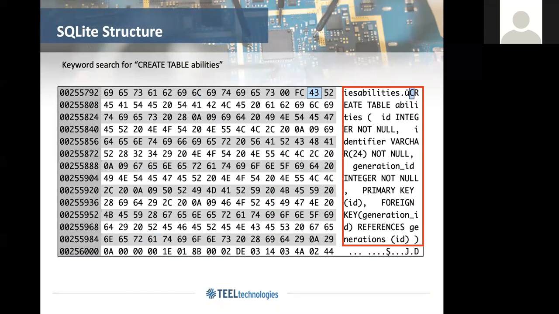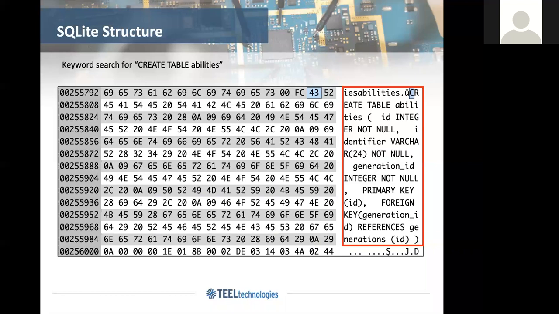The way that SQLite creates its databases, it is all based on structure. So if you were to do a little cheat and look for CREATE TABLE and then the name of the table, which in this case is abilities, then you would go to the creation of that table within your database.